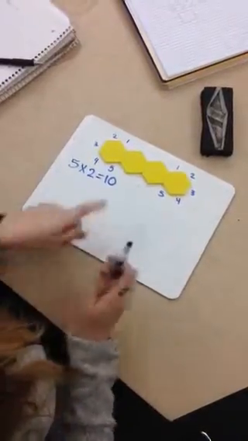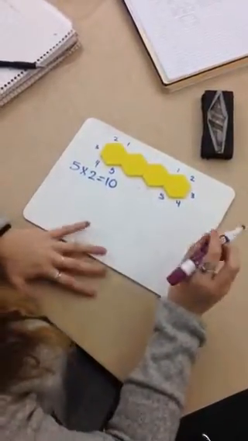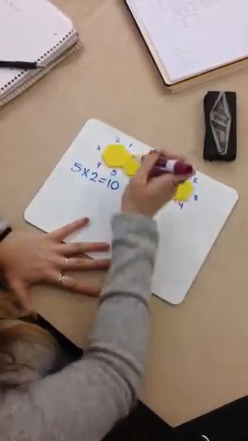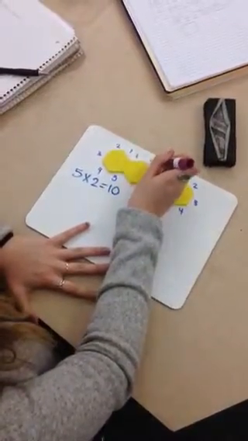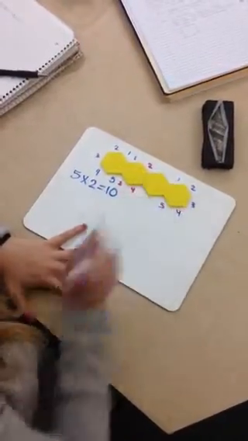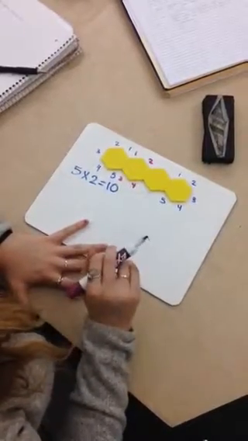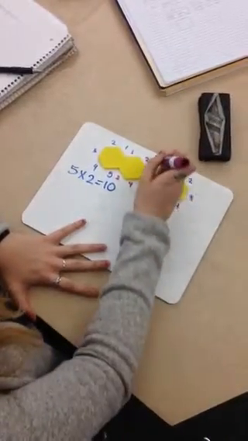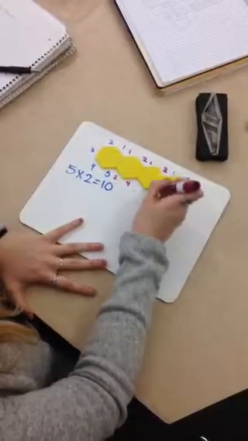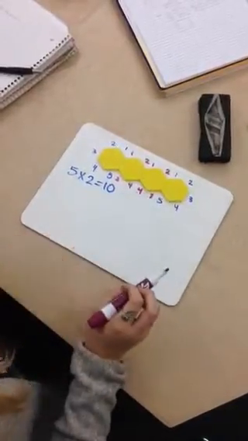So now we're going to look at the inside tables. We can see that each inside table has 1, 2, 3, 4 exposed sides, which means 4 seats can fit at these inside tables. And that's the same for both.